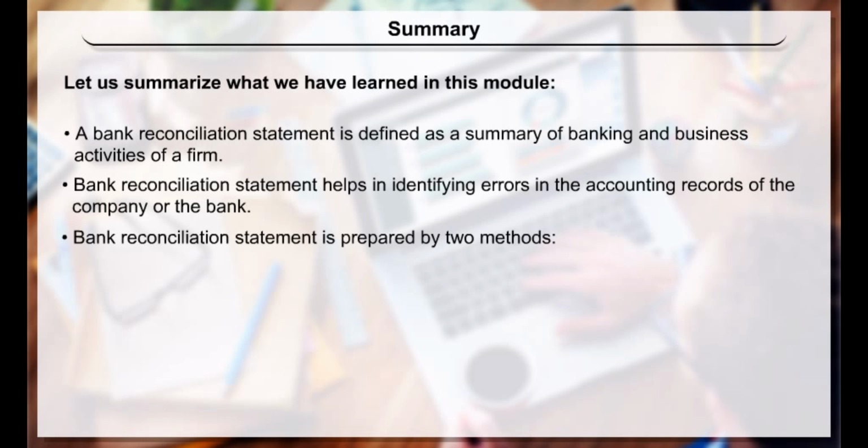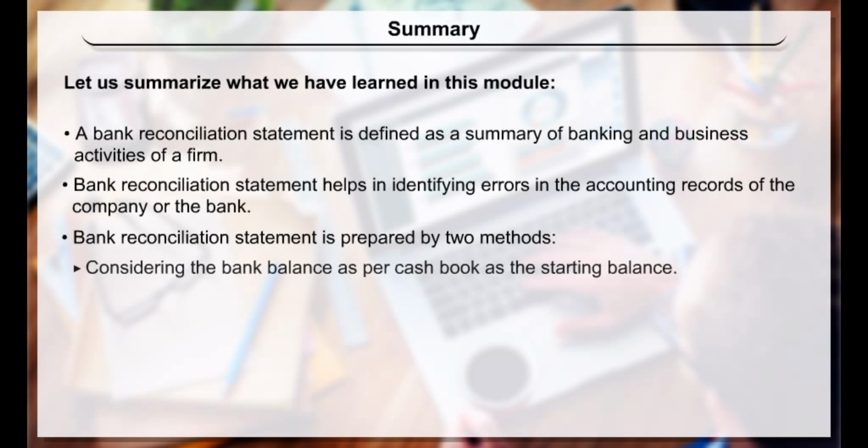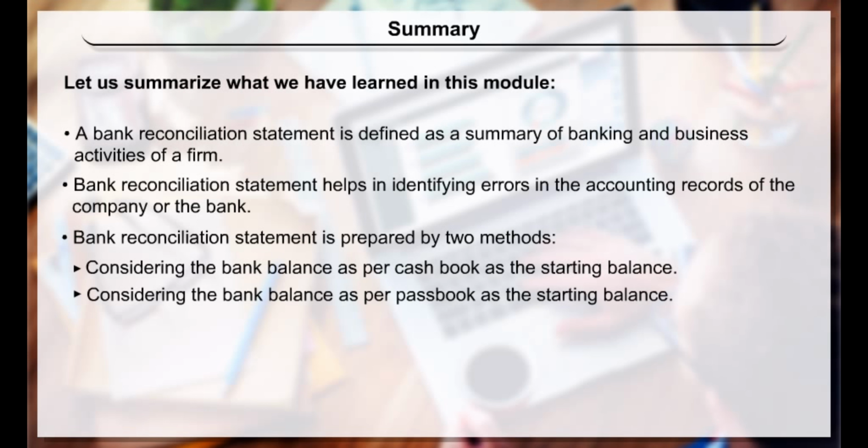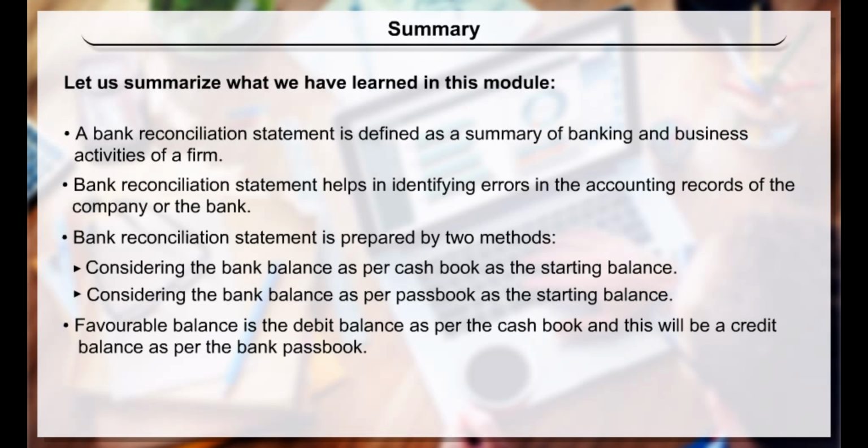Bank reconciliation statement is prepared by two methods: considering the bank balance as per cash book as the starting balance, and considering the bank balance as per passbook as the starting balance. Favorable balance is the debit balance as per the cash book, and this will be a credit balance as per the bank passbook.